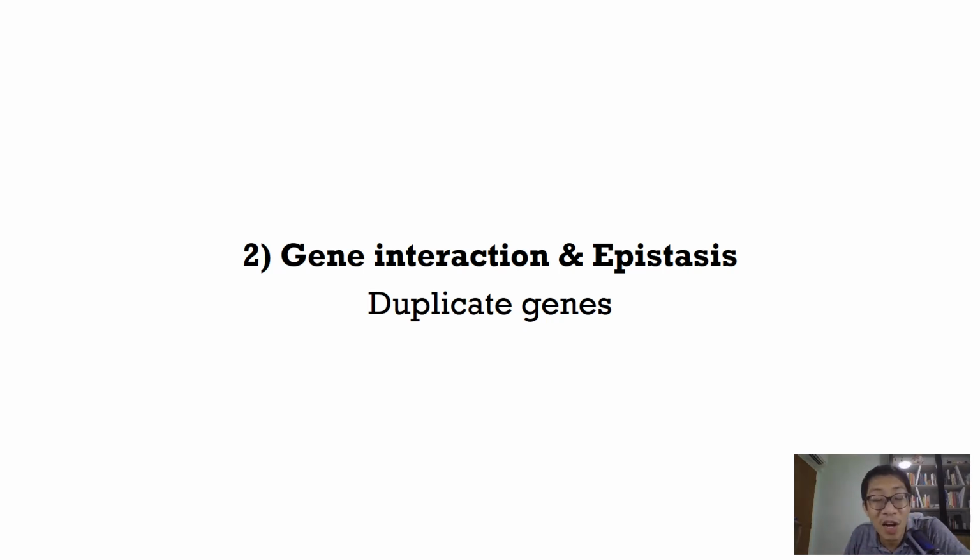As the learning outcome has stated, there is no need for you to memorize the different types of epistasis and memorize their ratios in the phenotypes. The more important skill is to look at the information given in the question and to deduce how the epistasis, or how the masking, plays out.